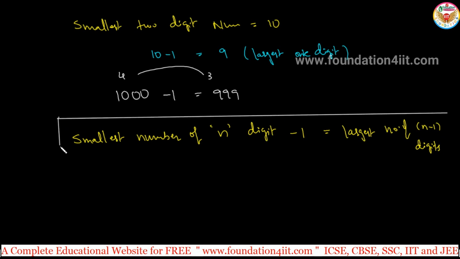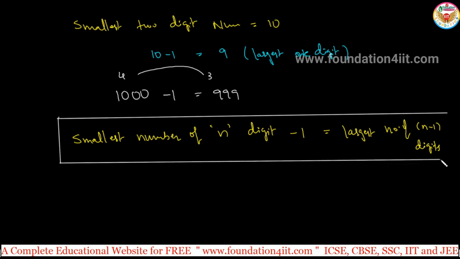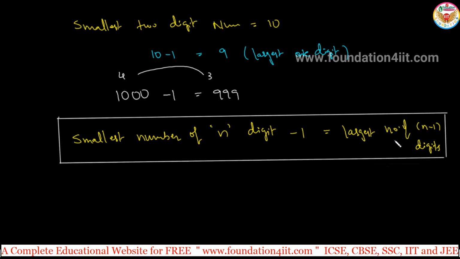When you come to the smallest and largest, it is simple. For any largest number, if you add 1, that becomes the smallest of the next digits. Or else the smallest number of any n digits minus 1 is the largest of the previous.